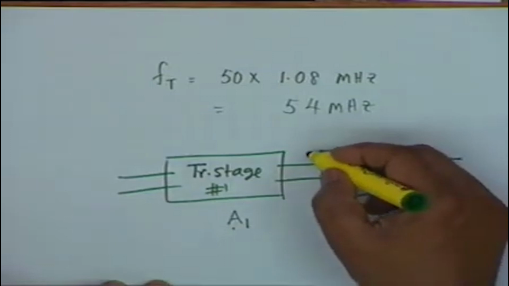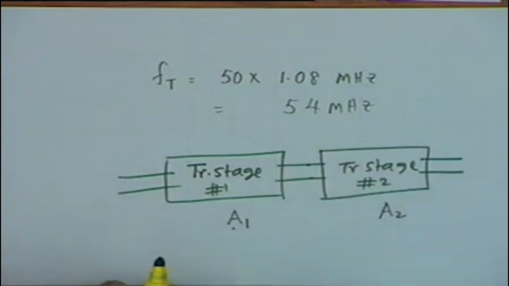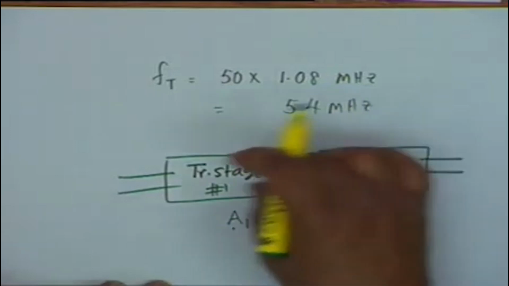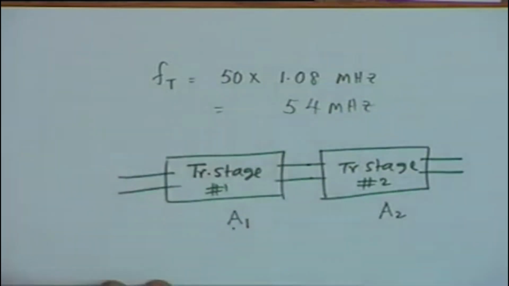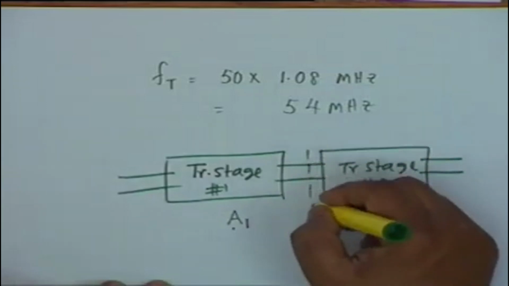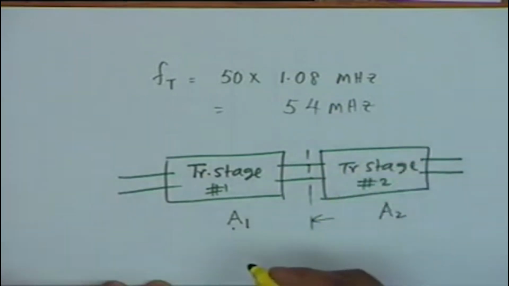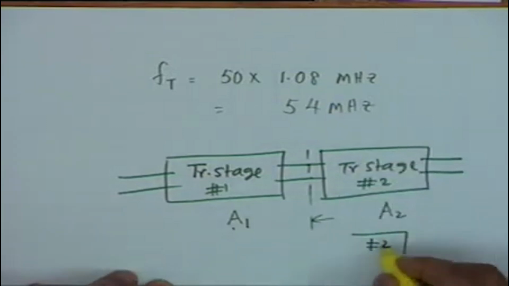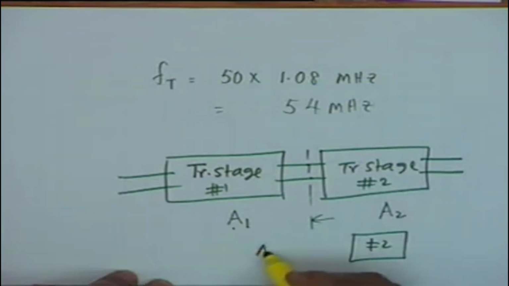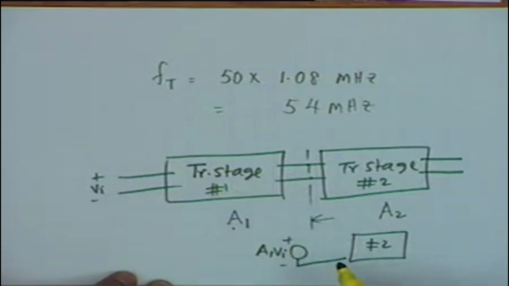But if you calculate A1 by open circuiting this, open circuit voltage divided by this, then the A1 A2 formula shall not be valid, because if you look back here, transistor stage 2 is being driven by, let us say if this is Vi, A1 Vi, the Thevenin source in series with whatever you look back, the Thevenin output resistance, let us say RT, and therefore what is applied here is not A1 Vi, but it is reduced.